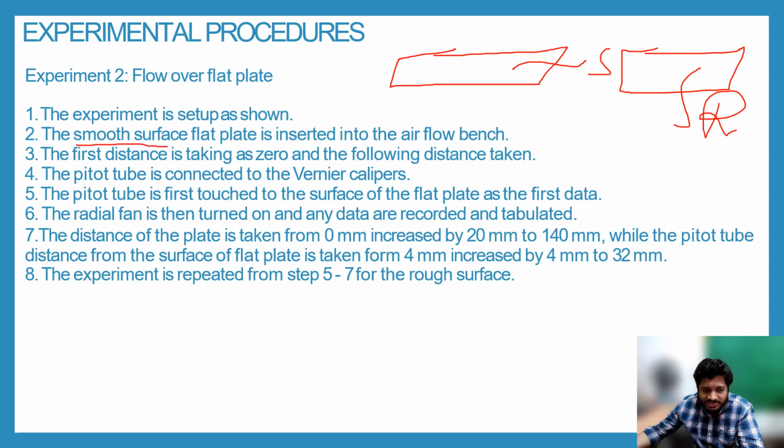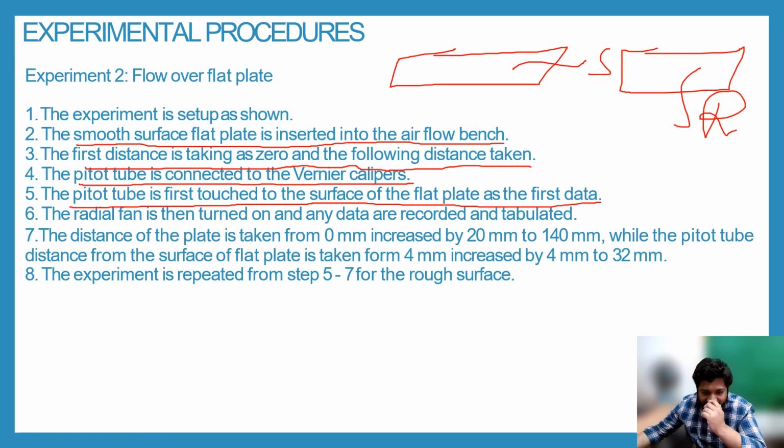The smooth surface plate is inserted into the airflow bench. Then the first distance is taken as 0, and then the following distances are taken. The pipette tube is connected to the vernier calipers. The pipette tube is first touched to the surface of the flat plate as the first data, so this gives us the pipette tube readings. The radial fan is then turned on and data are recorded.